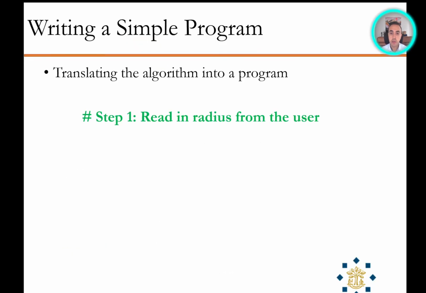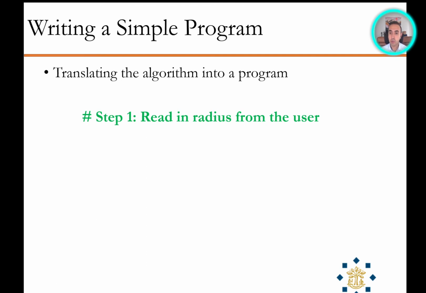Okay, so now we are going to translate the algorithm that we designed into a program. Now you need a bit of the cheat codes of the programming language, because in the first step we are supposed to read in the radius from the user. We didn't learn about it.